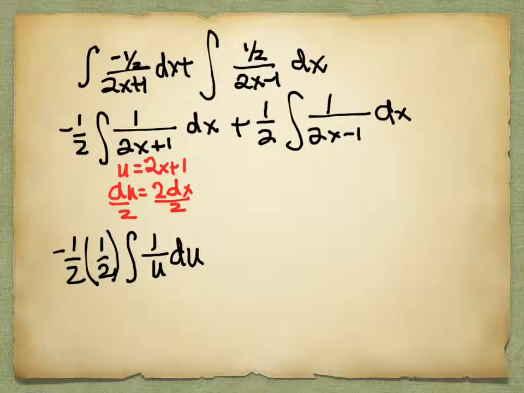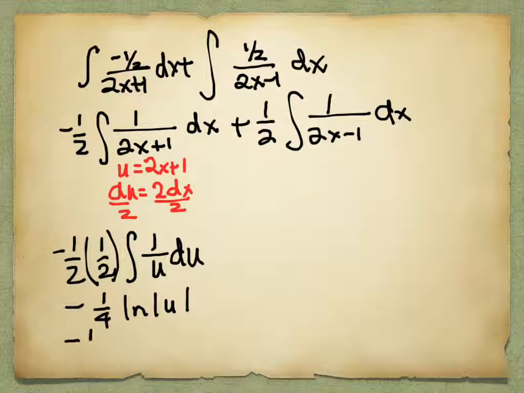Okay? All right, so what's the antiderivative going to work out to being over here then? Right, natural log of absolute value of u. I've got a negative 1/4 in front.